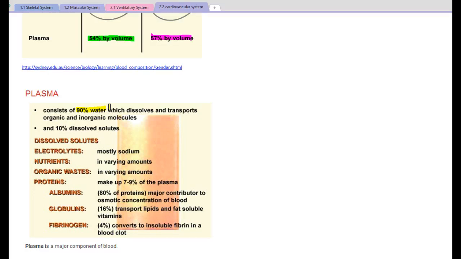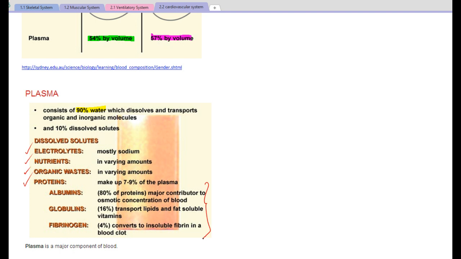The dissolved solutes are our electrolytes, and the majority of our electrolytes is sodium, our nutrients, and our organic wastes, our proteins. And here we can have a look at the different types of proteins.